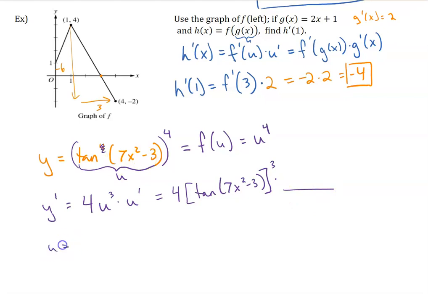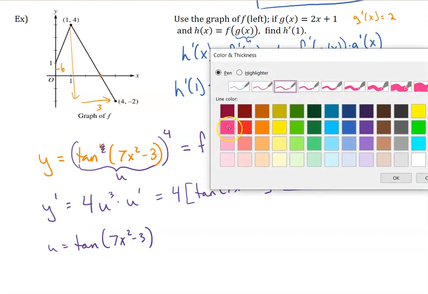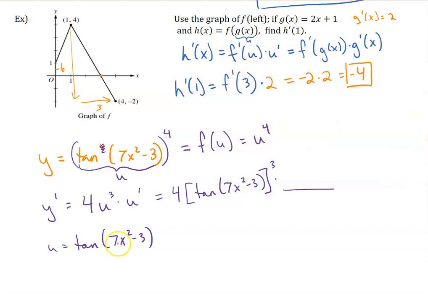So if u is tangent of 7x squared minus 3, what I can do is I can pick another variable, so I'm going to make it v, and call this part v, so now this is tangent v, okay? And then u prime becomes the derivative of tangent v, which is secant squared v times v prime, okay?